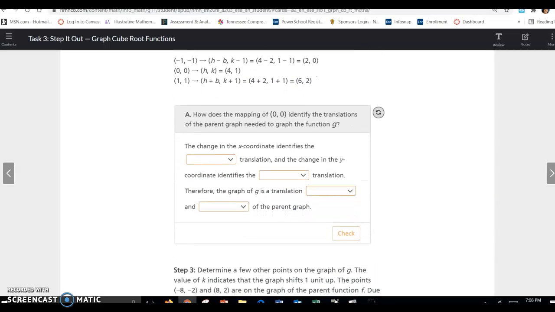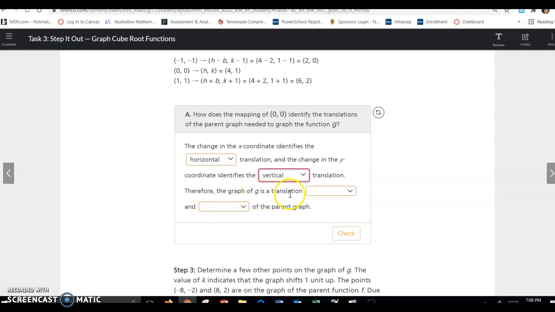All right, so it says, how does the mapping of (0, 0) identify the translations of the parent graph needed to graph the function g? All right, so the change in the x-coordinate identifies the horizontal translation. X is your horizontal translation. And the change in the y-coordinate identifies the vertical translation.